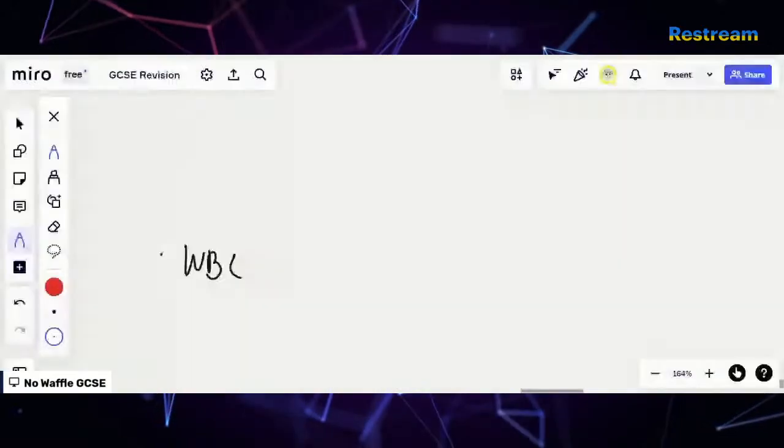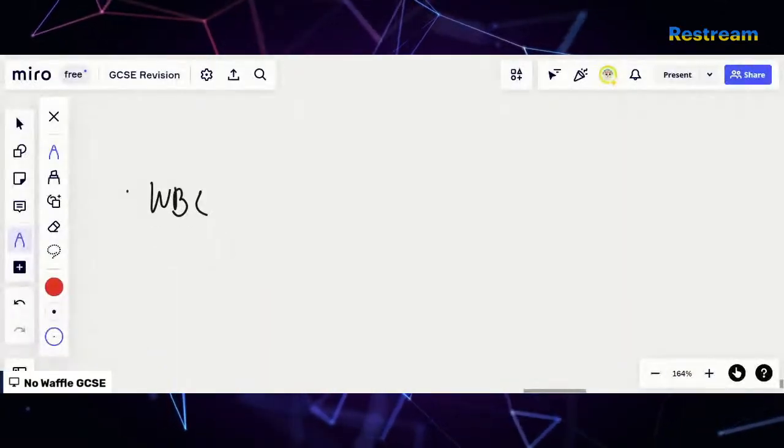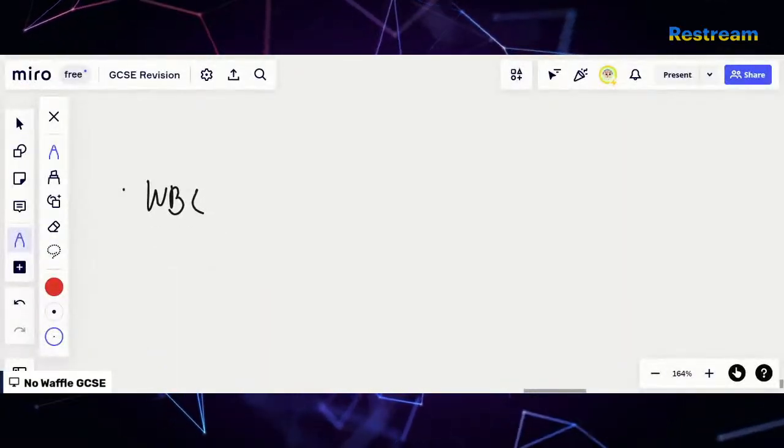The next question: give reasons why a person infected by a small number of tuberculosis bacteria may not develop the disease. So if someone was infected by a small amount, how would they not have the disease? What we can say here is that the white blood cells produce enough antibodies.